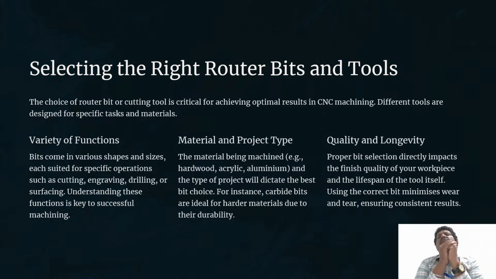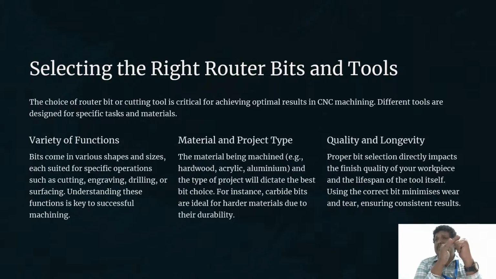We can use n number of materials in the CNC. We can use aluminium. In aluminium we have different grades, 6061, 6063, and many more grades. So this aluminium we can use. We can use wood. We can use ABS plastics.